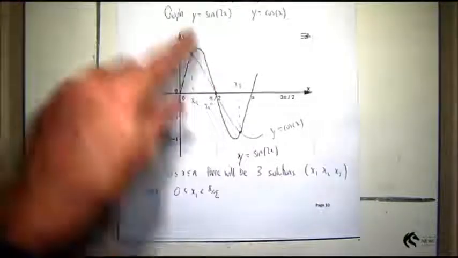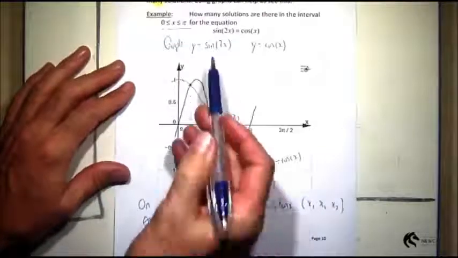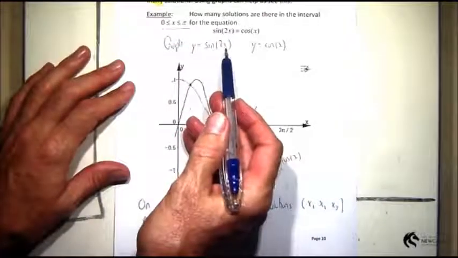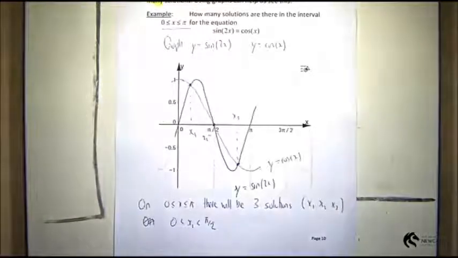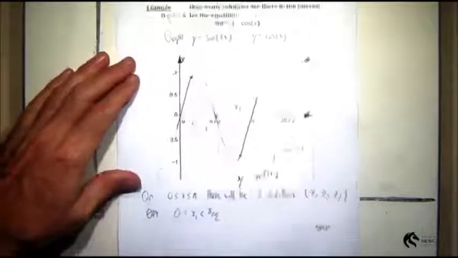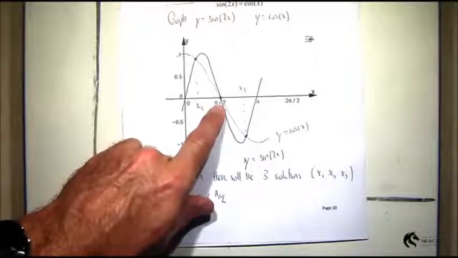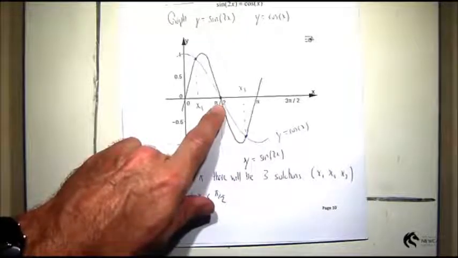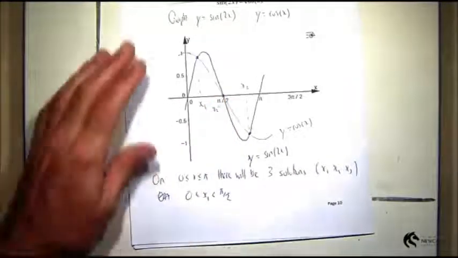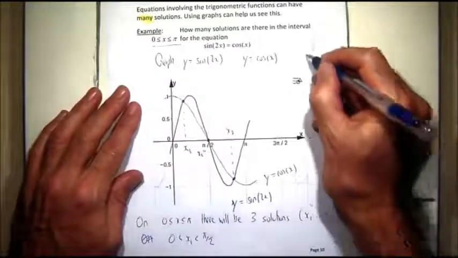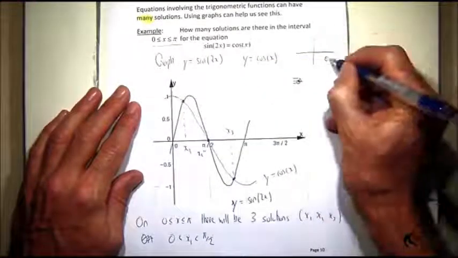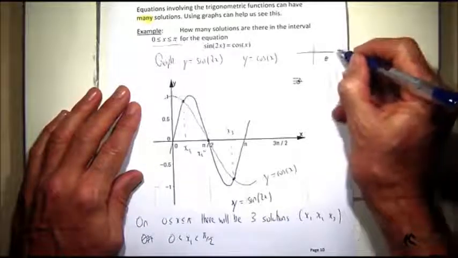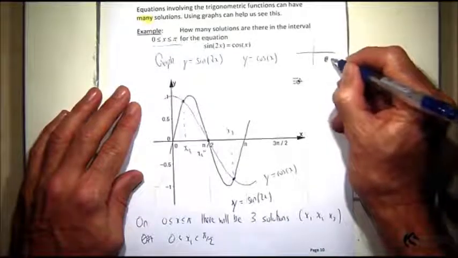Remember, we can think of the x here as representing an angle in radians. And pi on 2 is the same as 90 degrees. If I use theta rather than x, theta equal to naught is there.